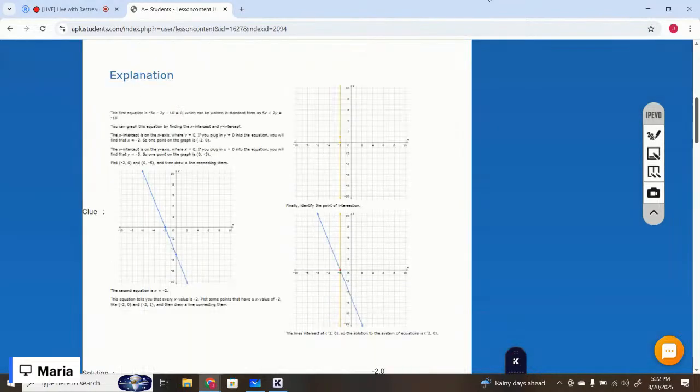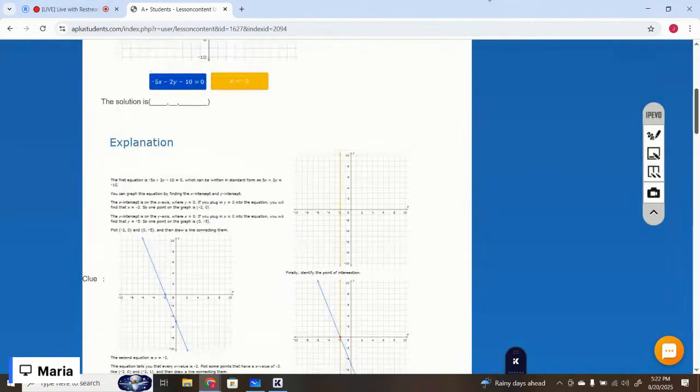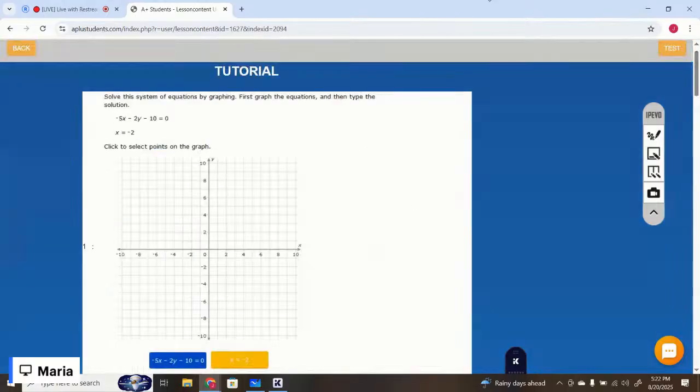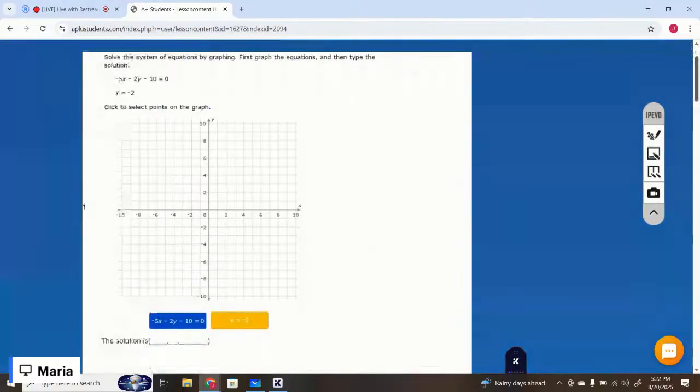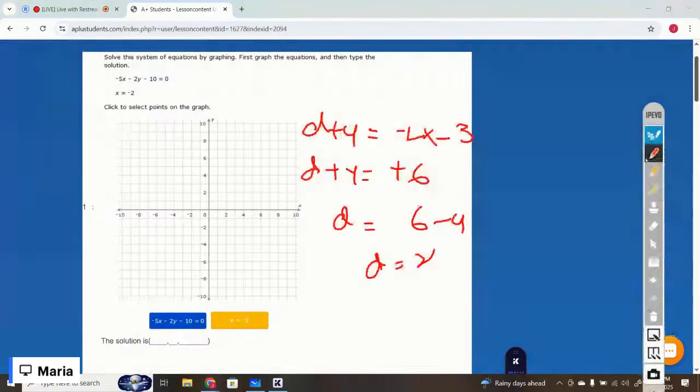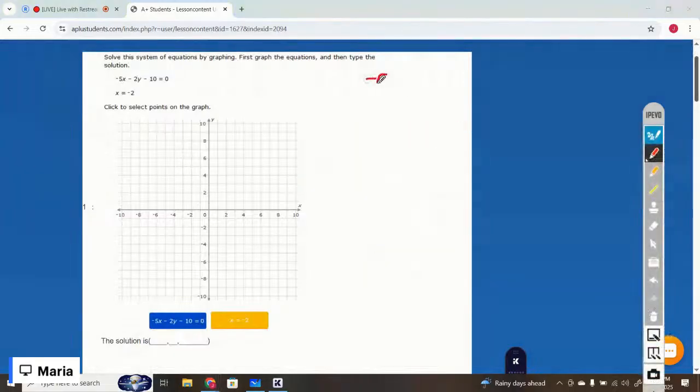So let's just rewrite equation number 1. That is negative 5x minus 2y equals 10.